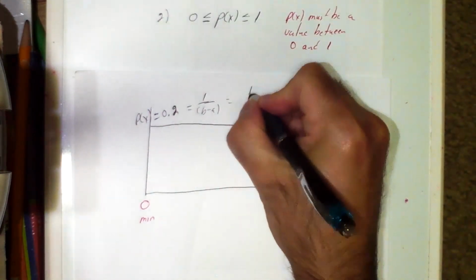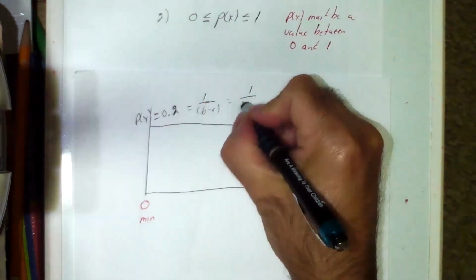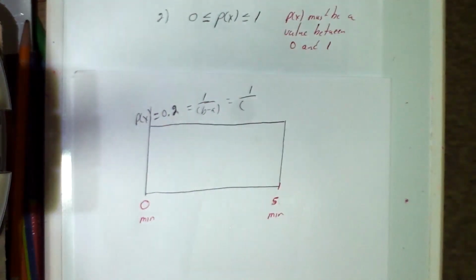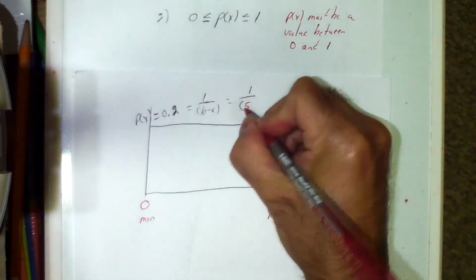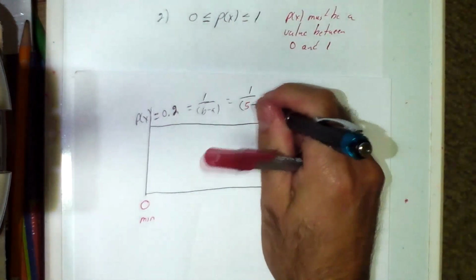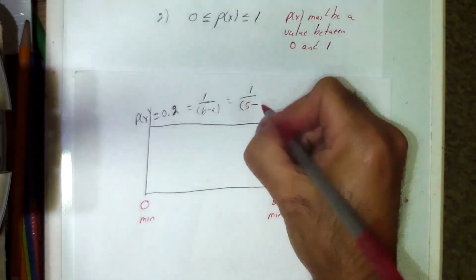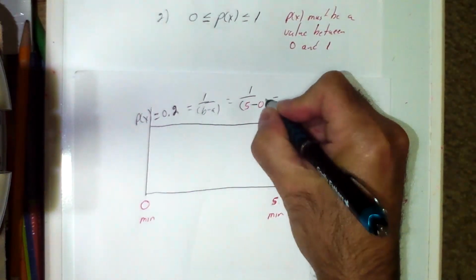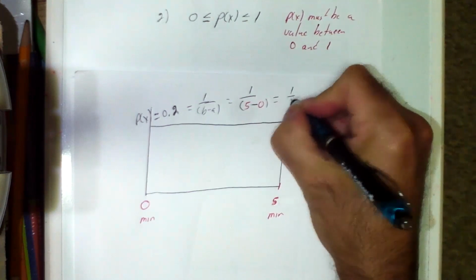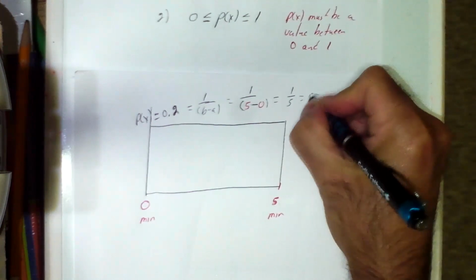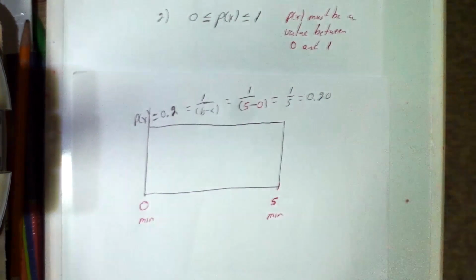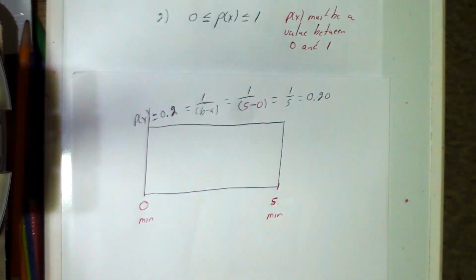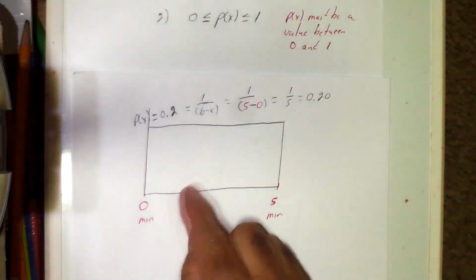So it's 1 over 5 terminal minus initial 0. And you will see that it ends up being 1/5, which is equal to 0.2. So the formula does prove that it works. Okay, so there's our graph.